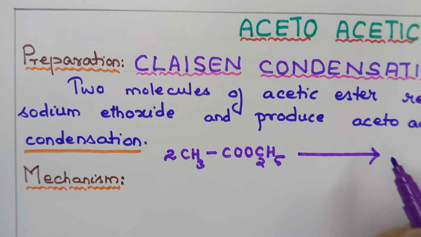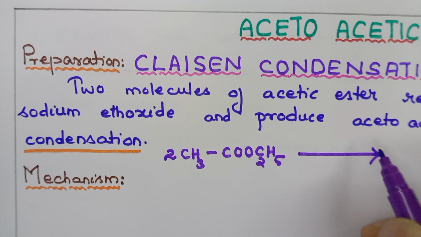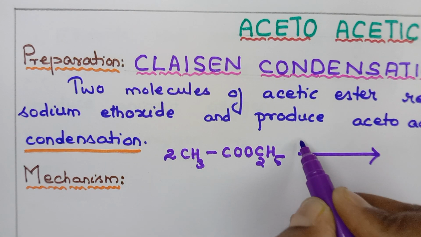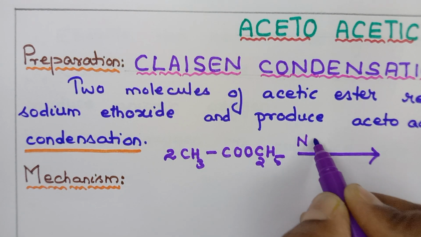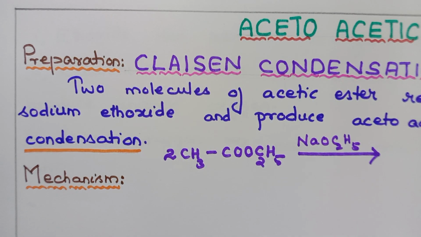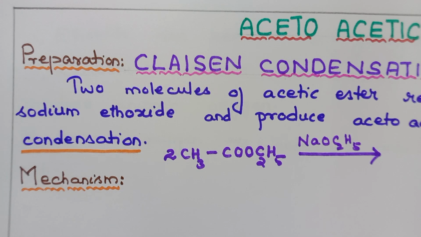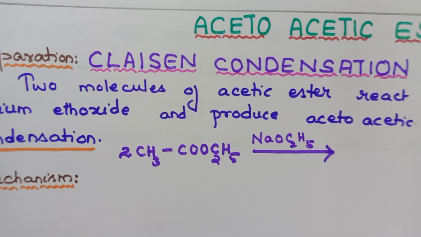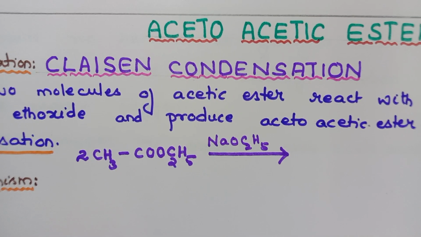What's the formula of sodium ethoxide? In the previous class, I told you sodium ethoxide is NaOC2H5. Now, what are they doing? They are reacting and forming acetoacetic ester.